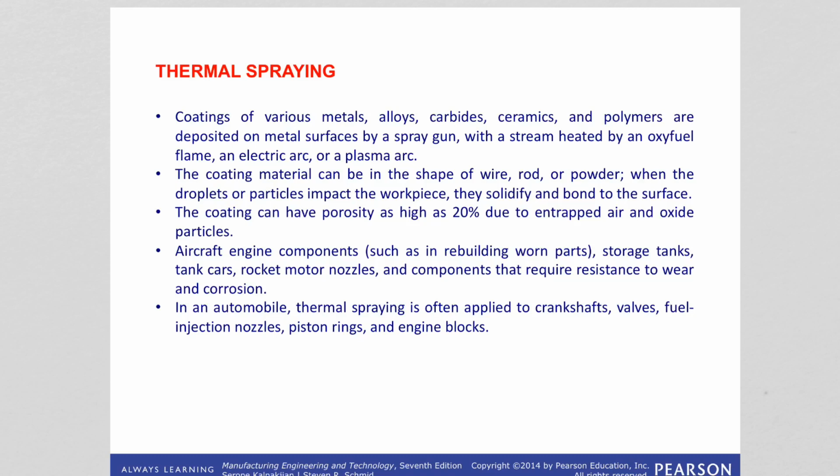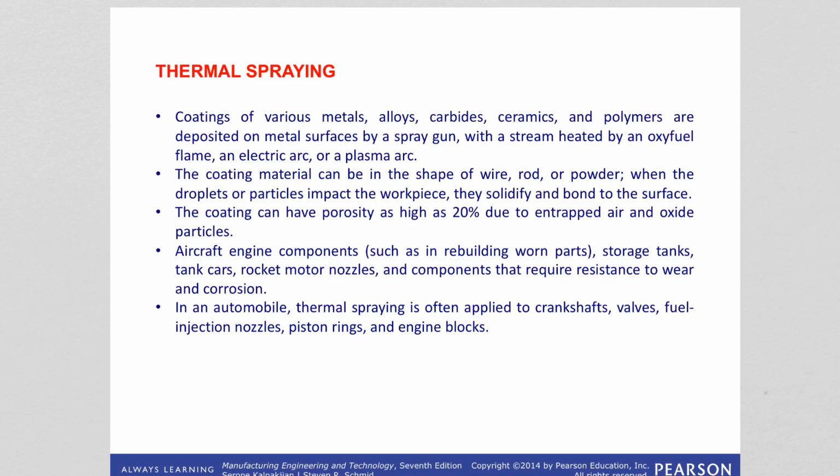Typical applications of thermal spraying include engine components and storage tanks, rocket motor nozzles, components that require resistance to wear and corrosion, crankshafts, nozzles, engine blocks in an automobile, and so many other parts where you require resistance to wear and corrosion.